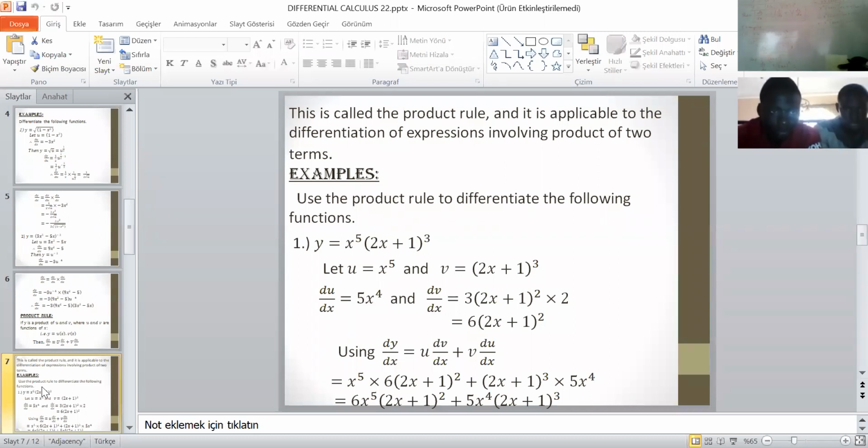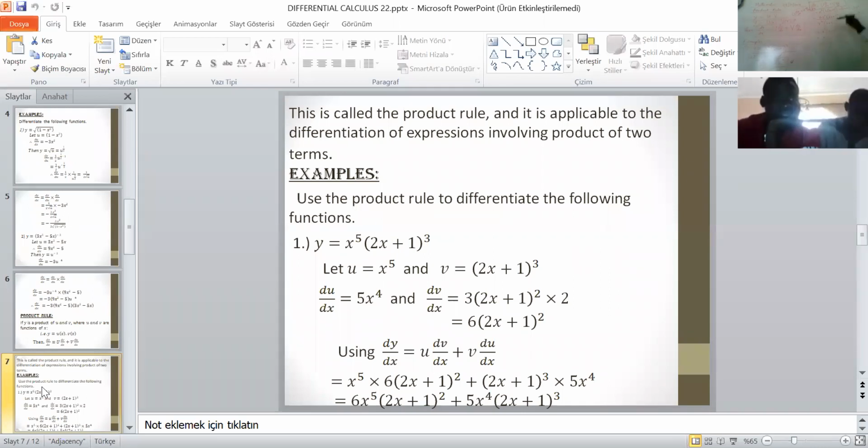Now if you use the formula, our dy/dx equals u dv/dx plus v du/dx. Then just substitute. This is our u, this is our du/dx, this is our v, this is our dv/dx. That means you have all you need.